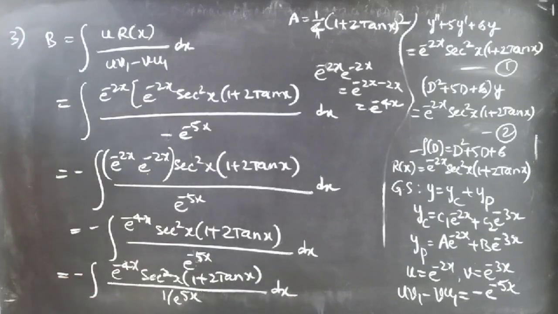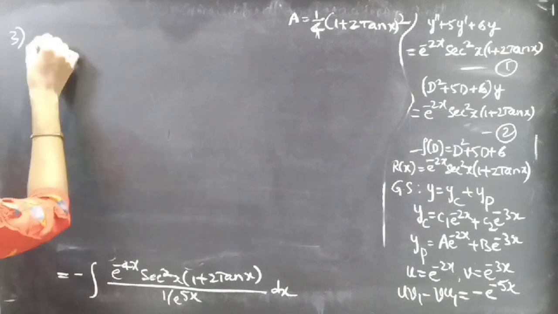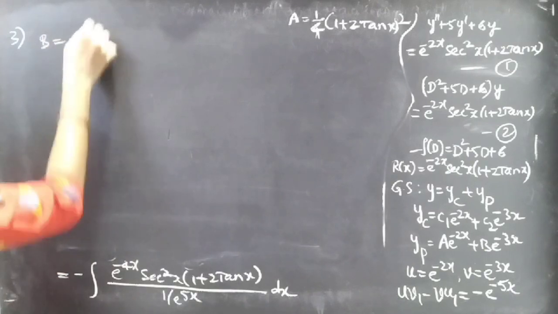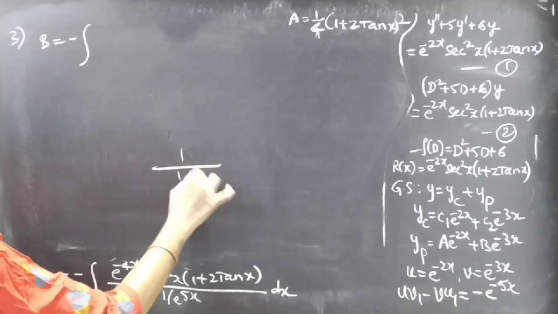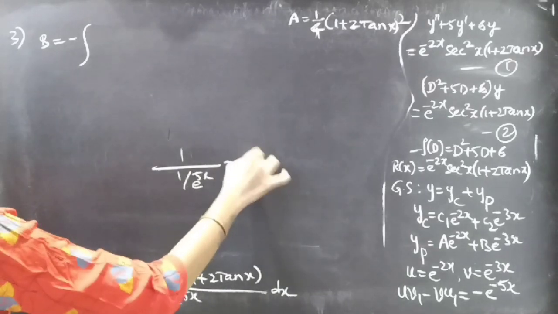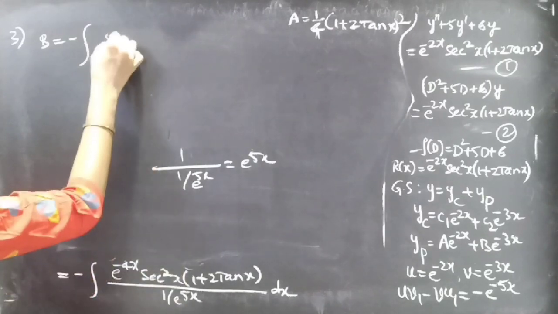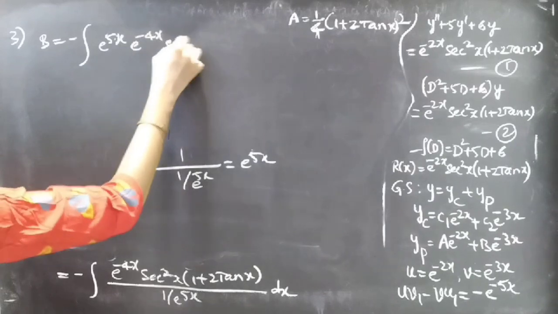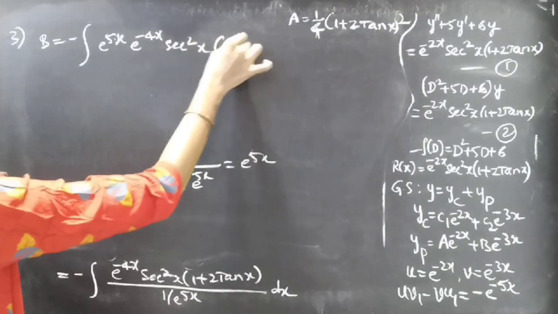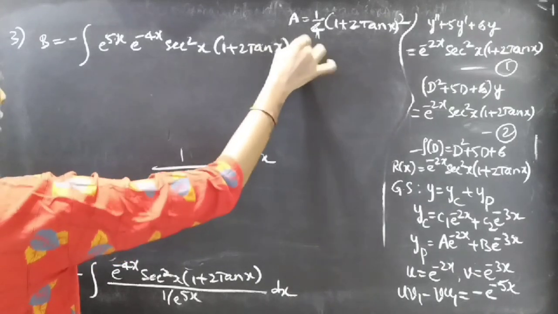Right? Which gives us minus integral 1 by e power 5x is e power 5x, right? So you'll get e power 5x into e power minus 4x secant square x of 1 plus 2 tan x into dx.